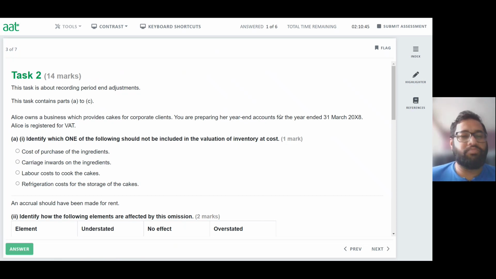So when I'm talking about providing cakes, that is basically a manufacturing business. So the cost of sale itself will include all the direct costs there, including material and the direct labor, which is part of the cost of sales.